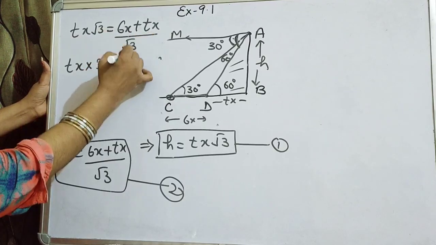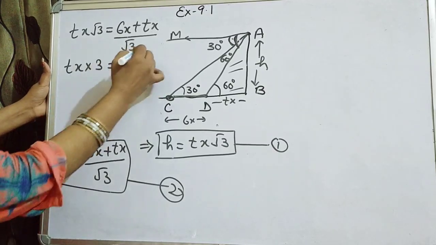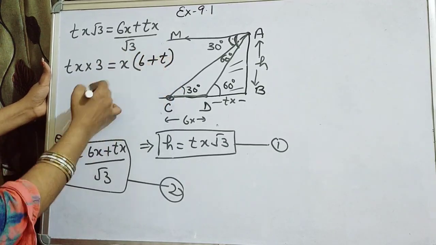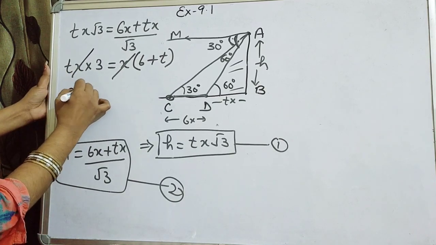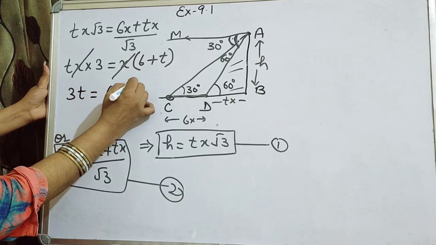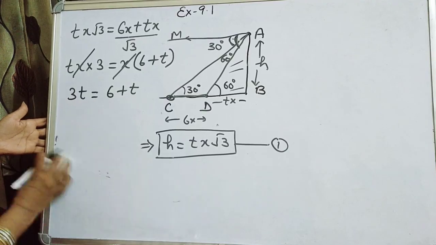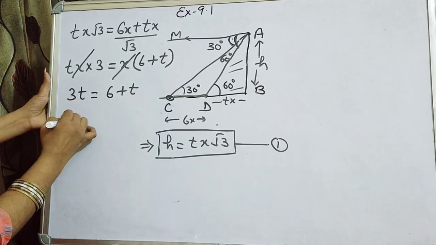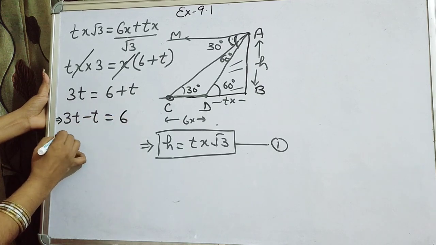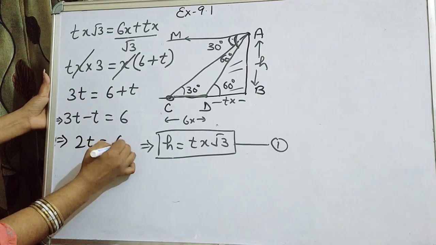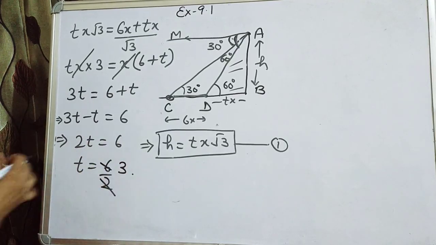And I can take X common from these two terms, so I get 6 plus T. X will cancel out from both sides. This is 3T equal to 6 plus T, or I can put this T on the left-hand side. So I get 3T minus T as 6, which implies 2T is 6, and T is equal to 6 by 2, that is 3.